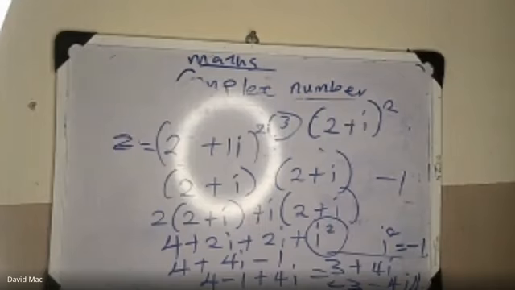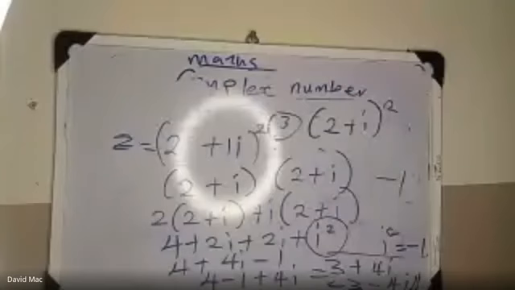I don't understand this part where you open the bracket and I'm seeing 2 outside with 2 plus 1. I don't understand. I can't hear Ene.